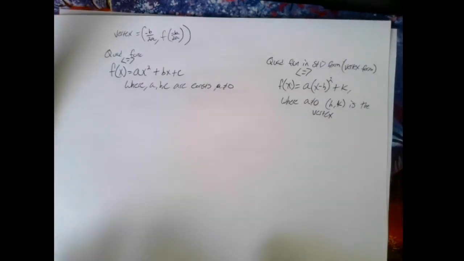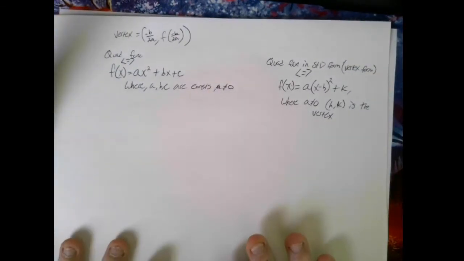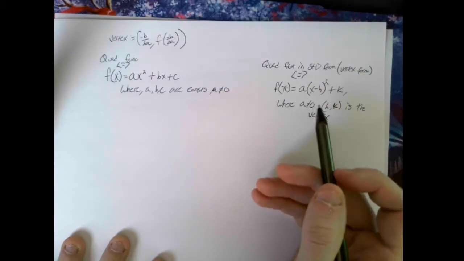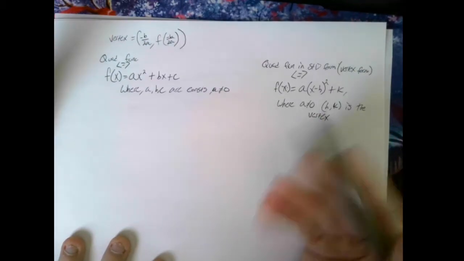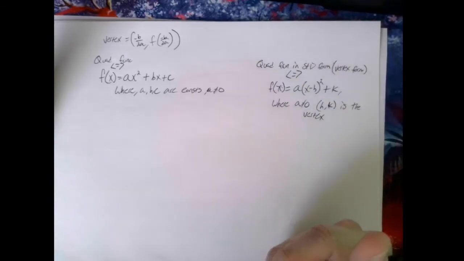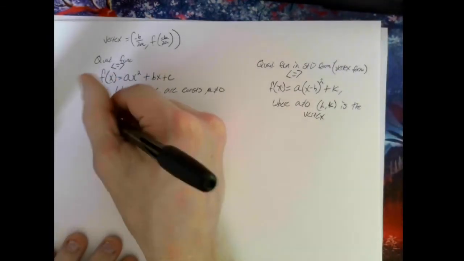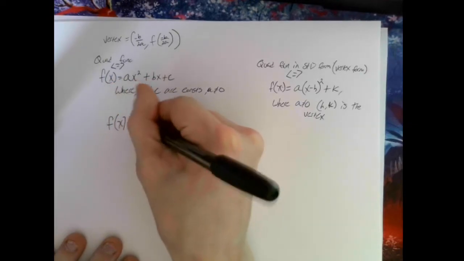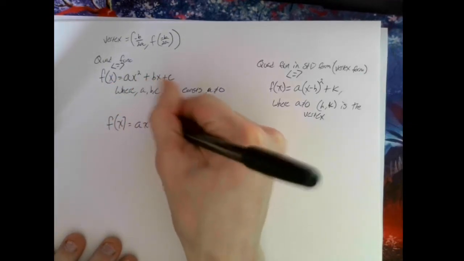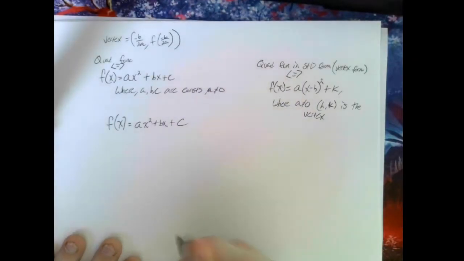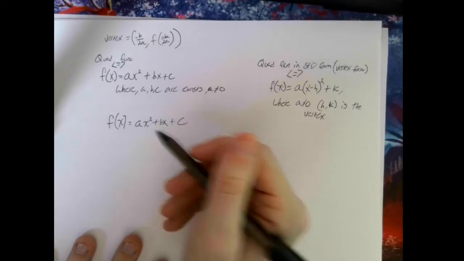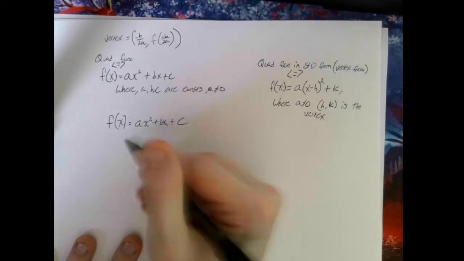So to start off our proof to get the vertex formula, we're going to have to take this and put it into vertex form by completing the square. So we're going to take f of x equals ax squared plus bx plus c, and start to complete the square, but the coefficient of the squared term has to be 1, so here it's a.